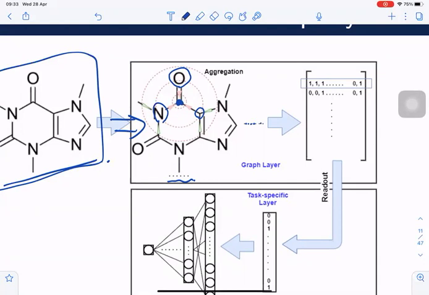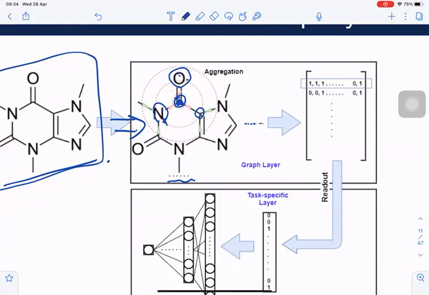So this is at layer 1. After layer 1, this node receives the information from the oxygen, nitrogen, and the carbon. And in layer 2, this atom also receives the information from the nitrogen, oxygen, and carbon.